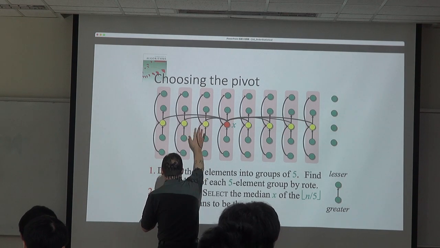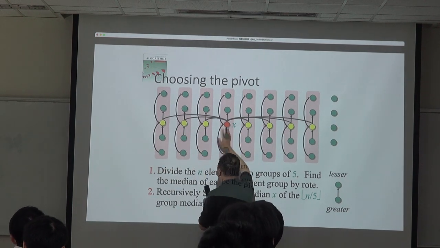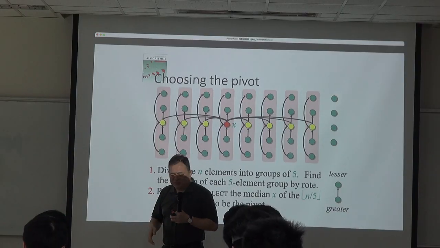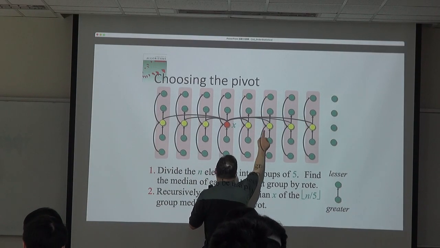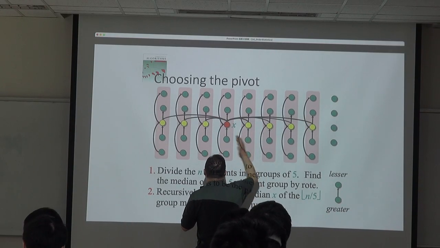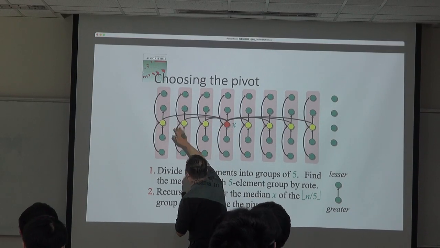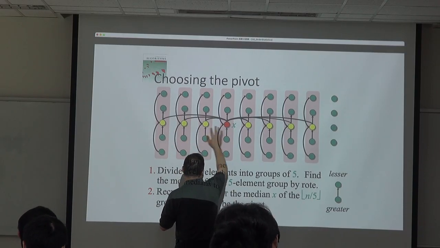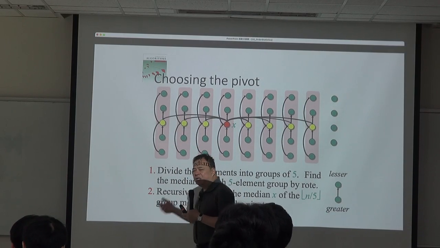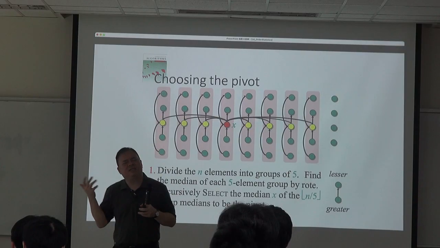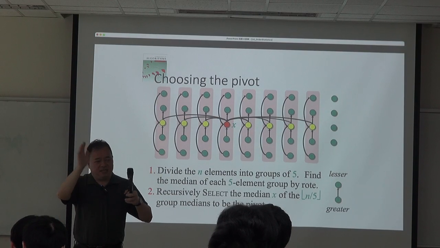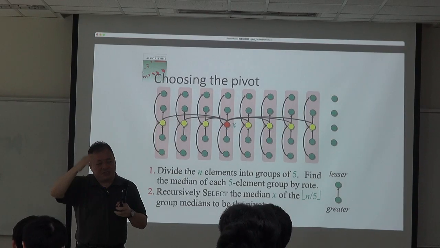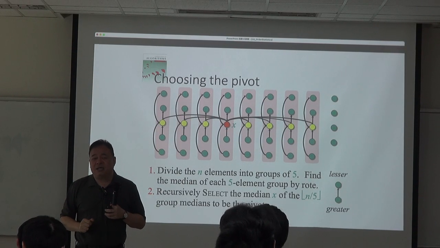So some numbers here may be smaller than this median, and some medians here may be larger than this median. But here, just for our discussion, let's assume it looks like this because it helps us for further discussion.